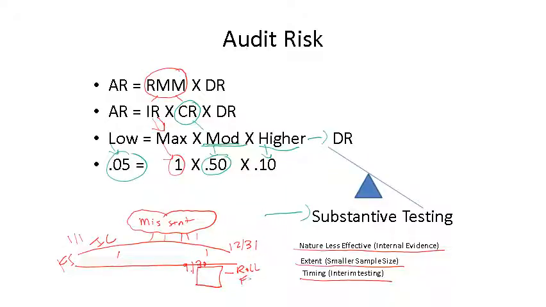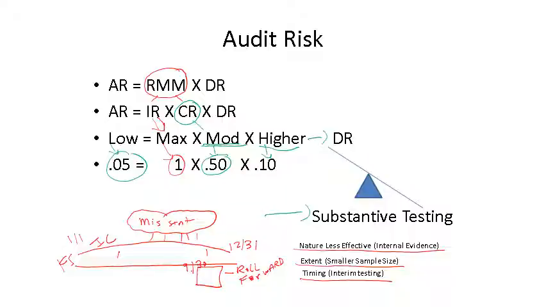Do a roll forward. In other words, even though we may do most of our substantive testing at interim date there at 9/30, we would still do maybe a smaller amount of testing, or some analytical procedures towards the end of the year just to make sure that things have continued the way we have expected based on our interim testing at 9/30.